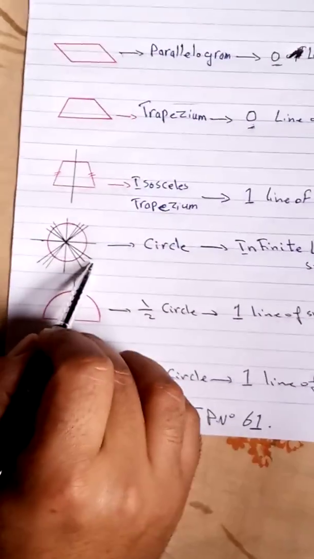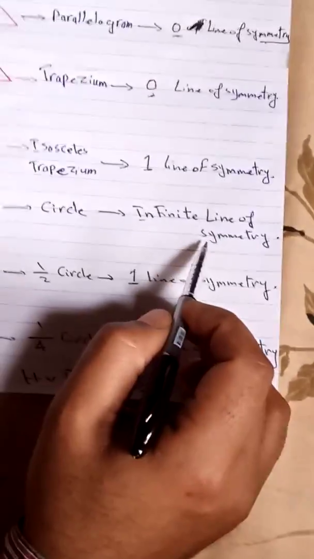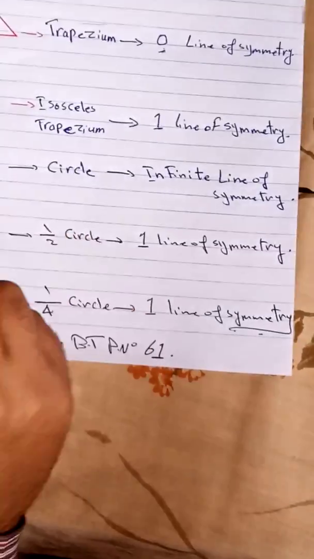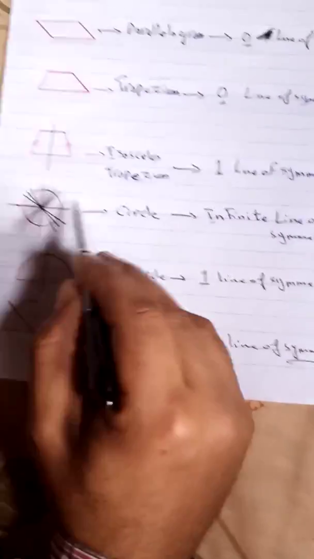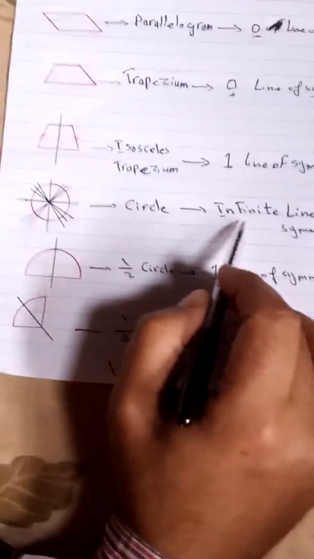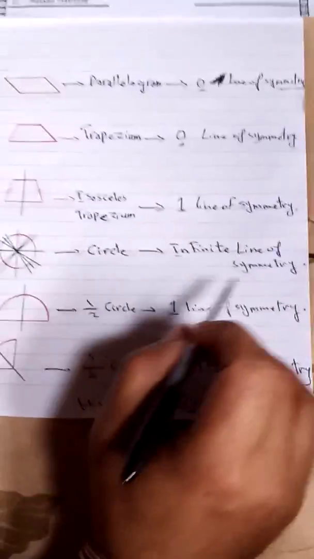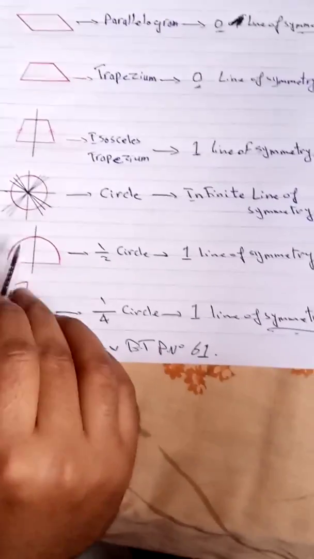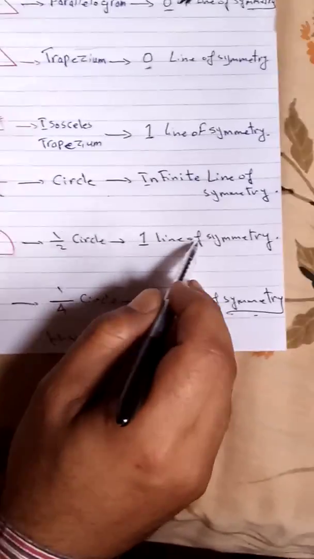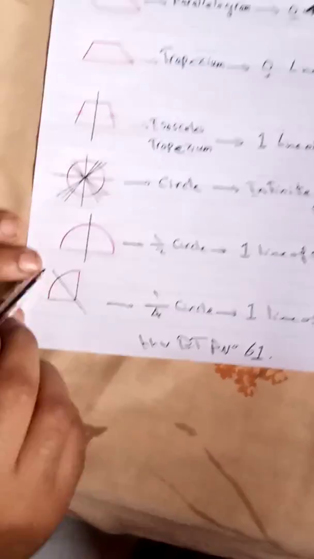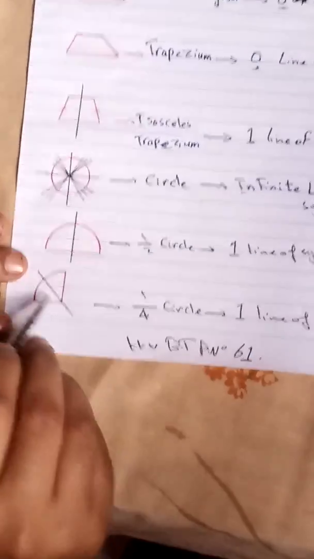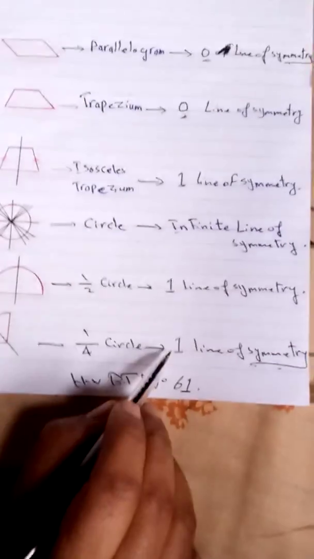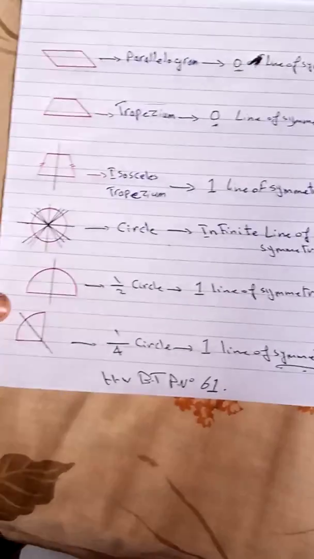Circle has infinite lines of symmetry, an infinite number of axes of symmetry. Half circle has one line of symmetry. Quarter circle, or 1 over 4 circle, has just one line of symmetry, as the half does.